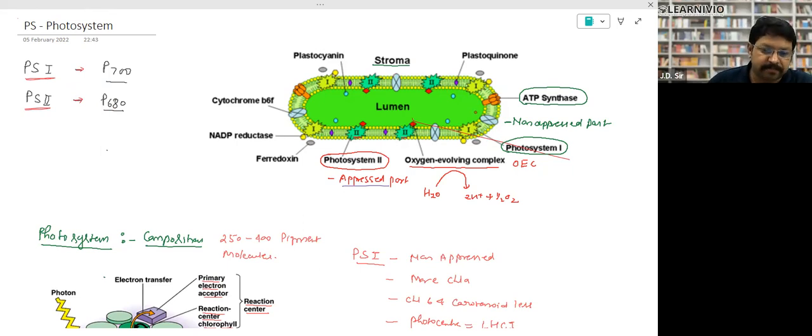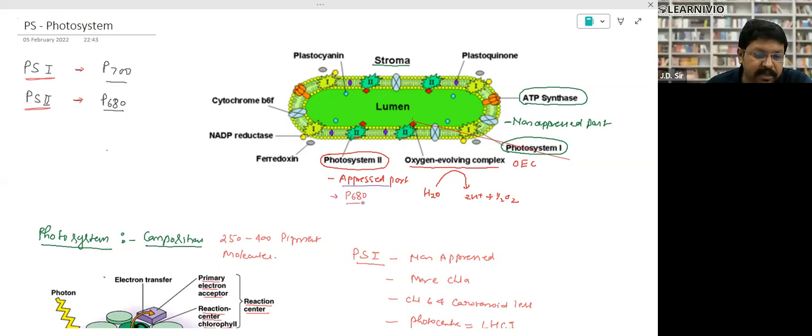So this is the membrane. I have told you what the appress part is and what the non-appress part is. The appress part remains in touch with another thylakoid. Look, in the appress part there will be photosystem second, meaning P680. When I talk about photosystem second, we are talking about P680, right?